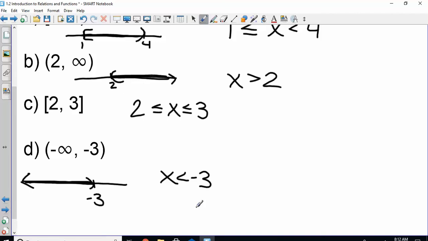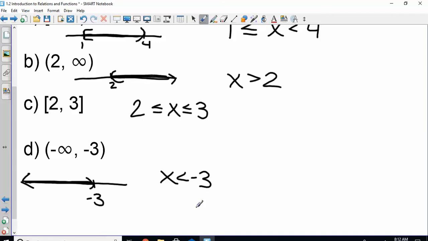The next piece that we're talking about today is functions, what it means to be a function. So you've heard the terms function and relation before. A relation is just any kind of correspondence between two sets of numbers. You know, typically we think x and y. If it is a function, what's true?